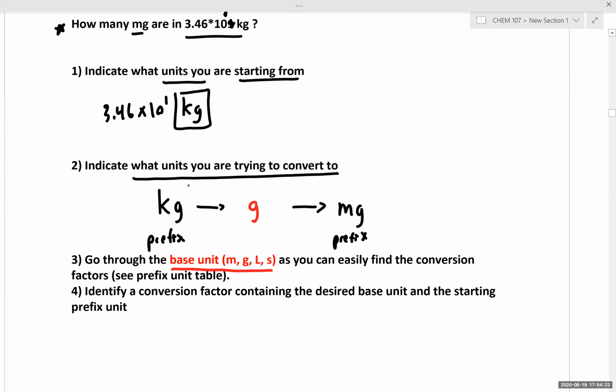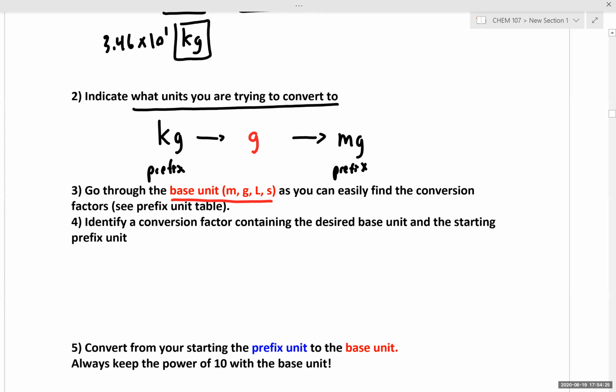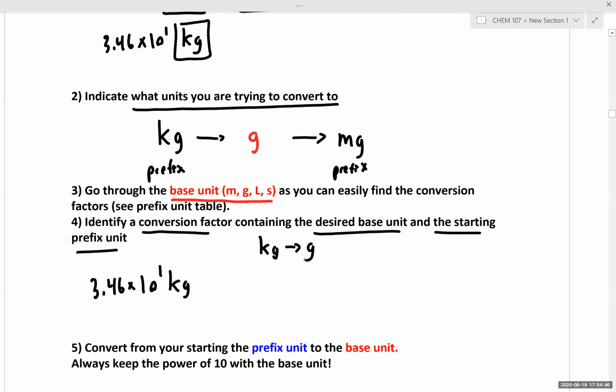Now we're going to identify a conversion factor containing the desired base unit and the starting prefix unit. So if we have 3.46 times 10 to the first kilograms, and we want to go from kilogram to gram, let's try to answer the question: 1 kilogram is equivalent to how many grams?